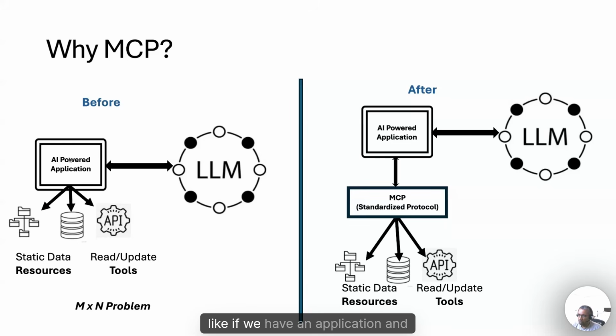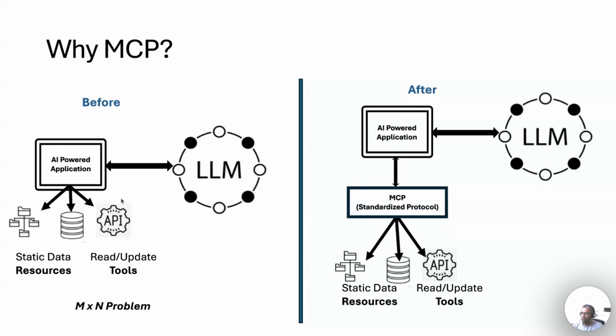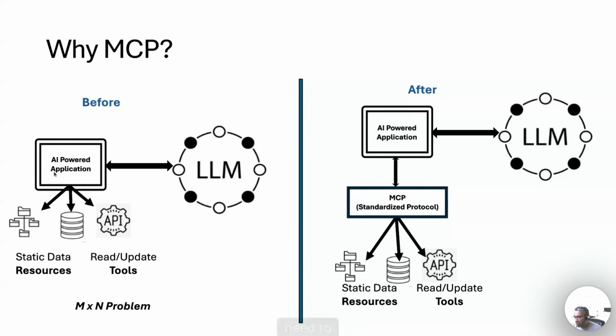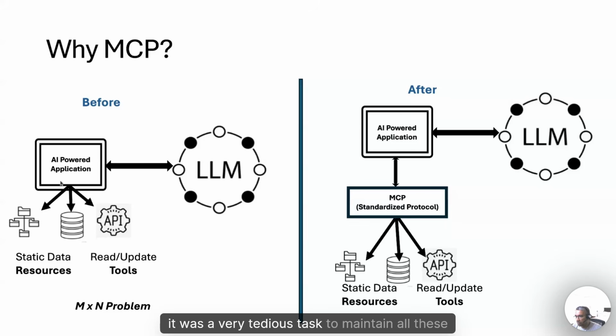If we have an application, and we have to connect to M number of services to fetch or read and write information, and then we have N number of AI models to support, then our application needs to maintain M times N connectors, which was a big headache and a very tedious task to maintain.